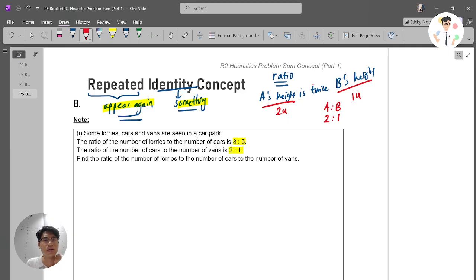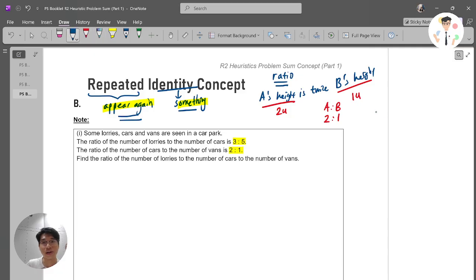Teacher, then why don't we write 2 units, 1 unit? Yes, you can write, but for ratio, we are a bit lazy, we don't write the U. We know that 2 is not exactly the height, and 1 is not exactly the height, but it is the ratio, the unit of 2 and the unit of 1. With that in mind, I hope you get some idea.